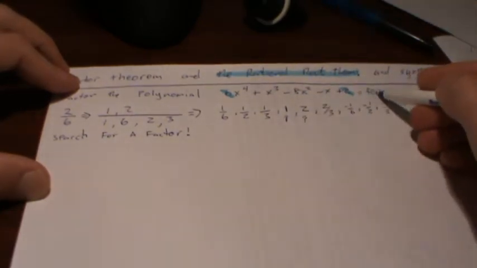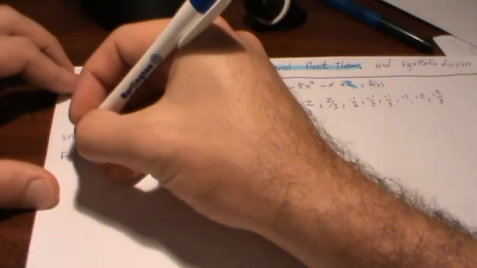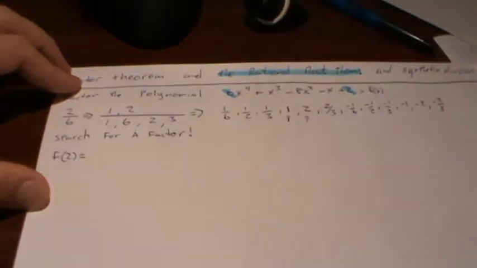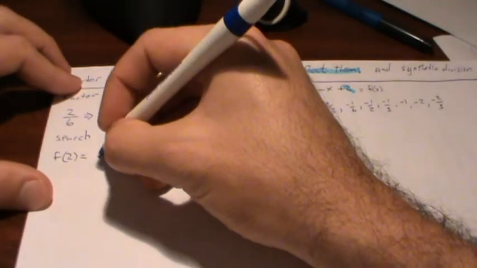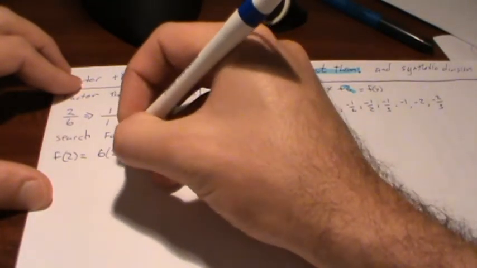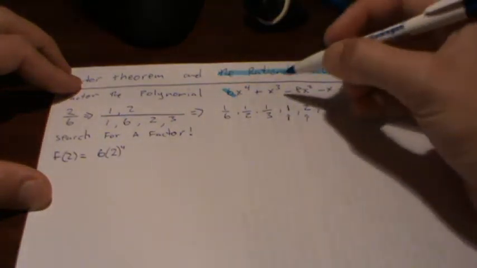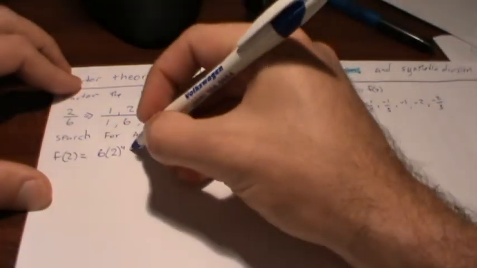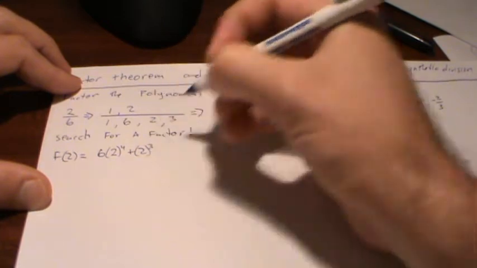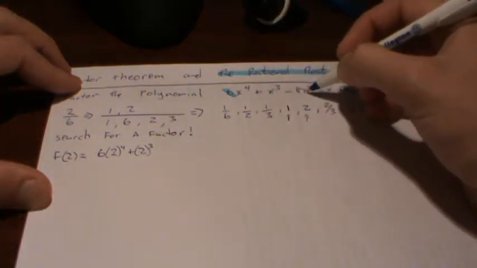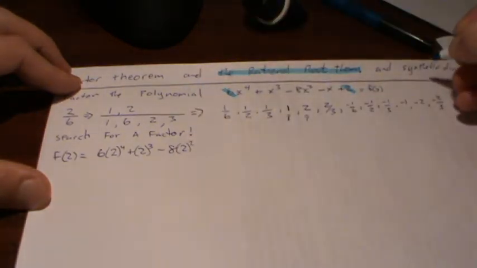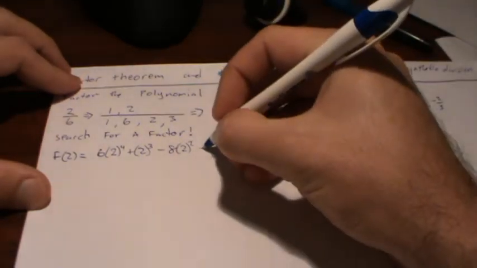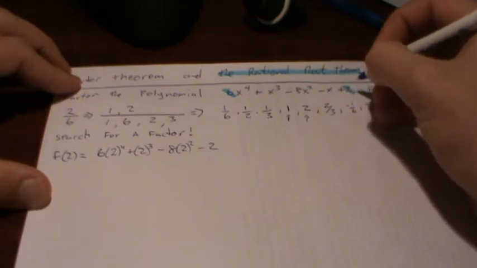So I'll evaluate f of 2 first. f of 2 is 6 times 2 to the 4th, plus 2 to the 3rd, minus 8 times 2 squared, minus 2, plus 2.